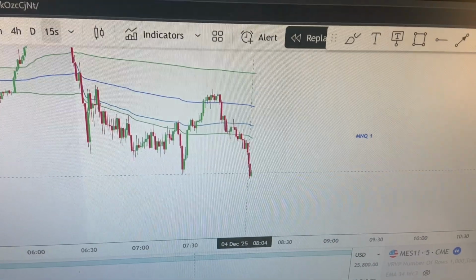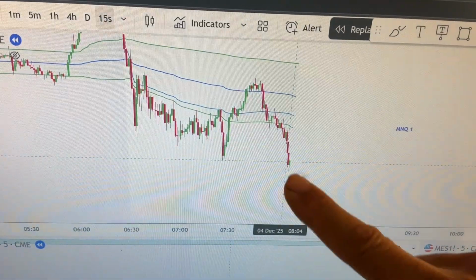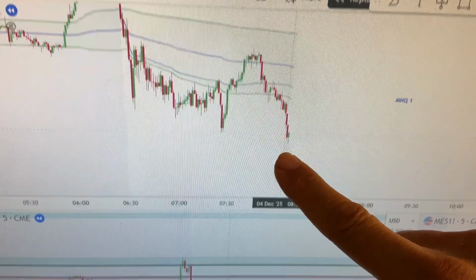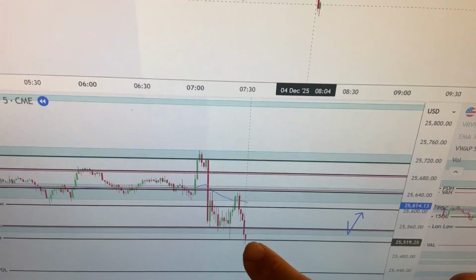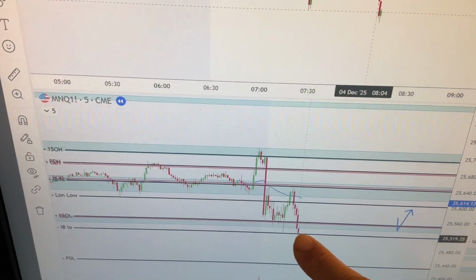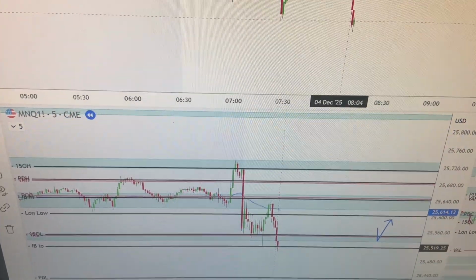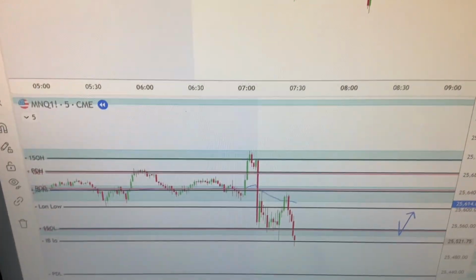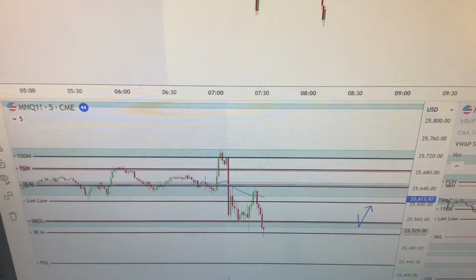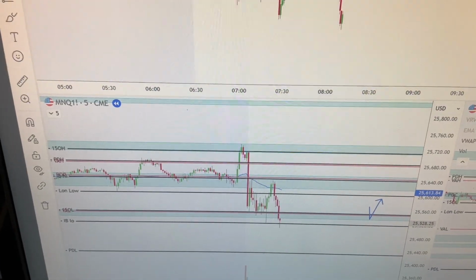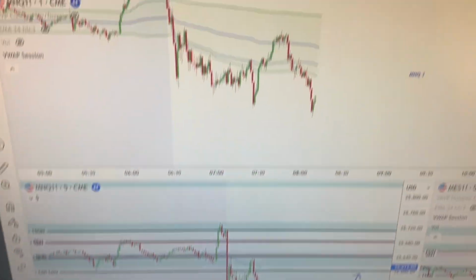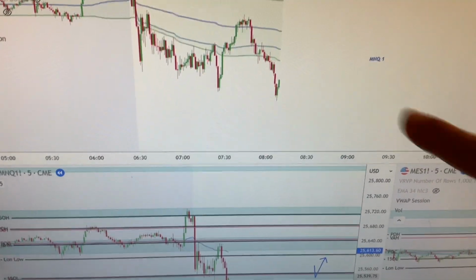So the horizontal line showing the first signs of rejection here, but the 5 minute is showing a wick like this. So we will forward it a little bit at a time. So okay, the 5 minute is starting to look like a hammerish, and the 1 minute starting to look like that.